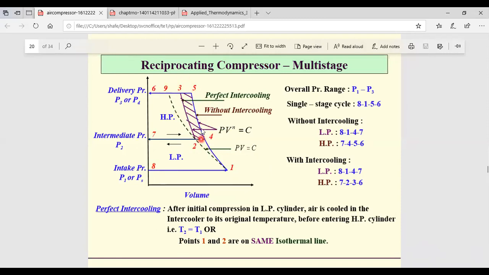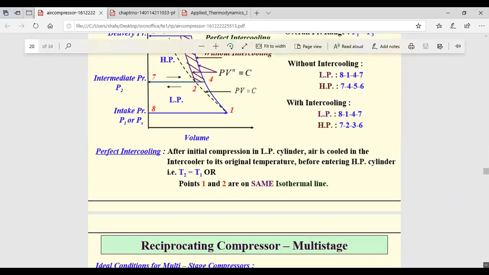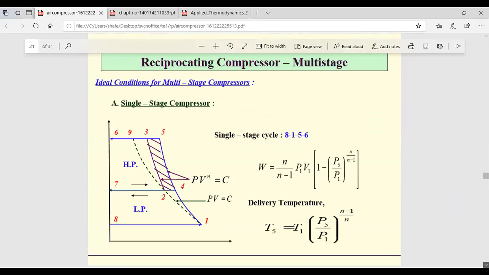This is an advantage for me because I have to supply work to the compressor. Now I am reducing my electricity bills. So that's the advantage of multi-stage compression, but I am still getting the pressure from P1 to P3, the delivery pressure. That's your multi-stage compression process.